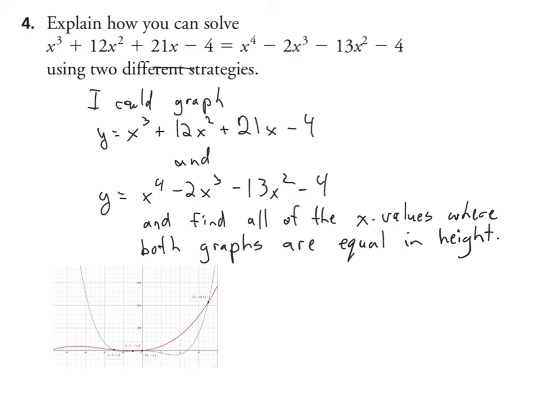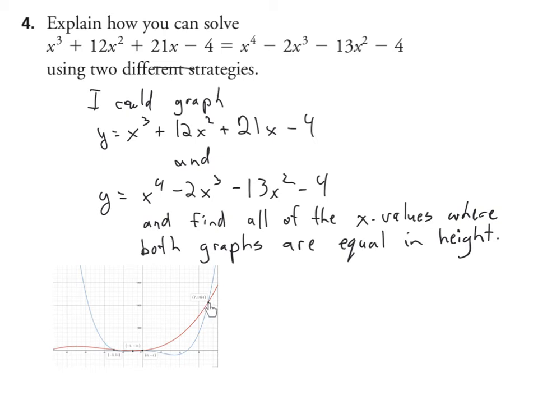So where do they cross? They cross here at 7 when x is 7. It doesn't matter what the height is because this height is the y variable. We made up the y variable. This original equation doesn't have any y variables. We just let this side equal y, and then we let this side equal y, and then to find when they're the same, we're just looking to see when y is the same.